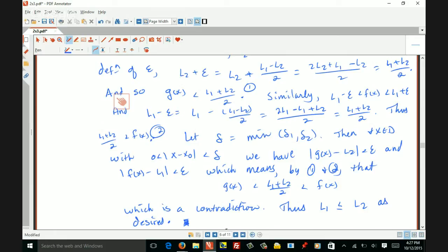Squeeze theorem there. Is that going to be on the test? Why not? It's such a nice theorem. It's relatively easy to prove. Proof by contradiction. I like it, and we use it a lot, especially in calculus.